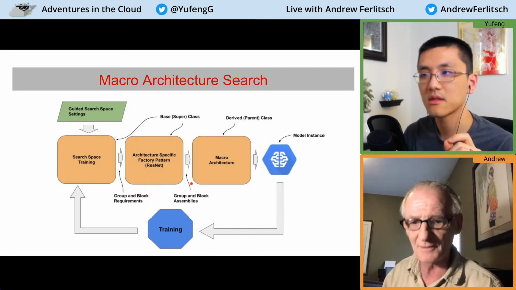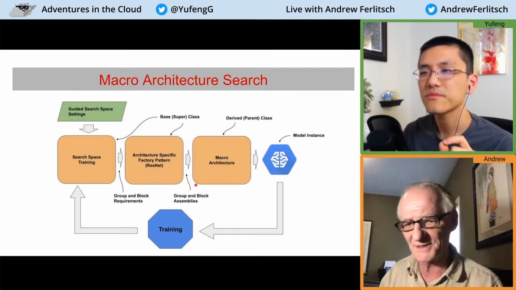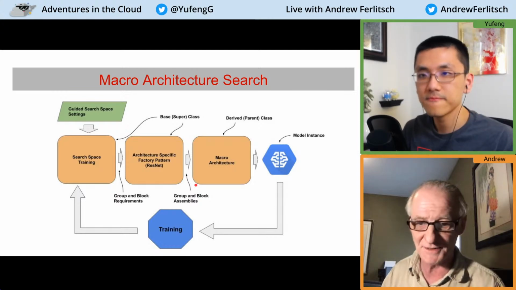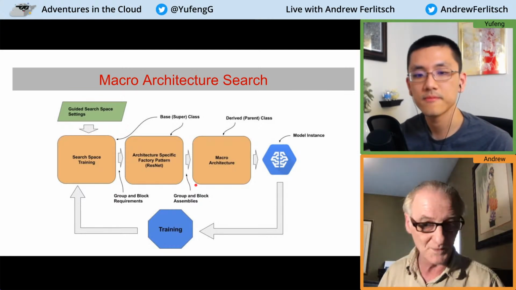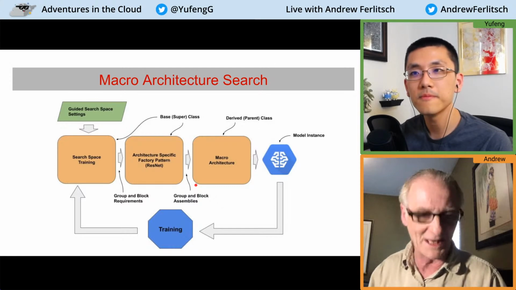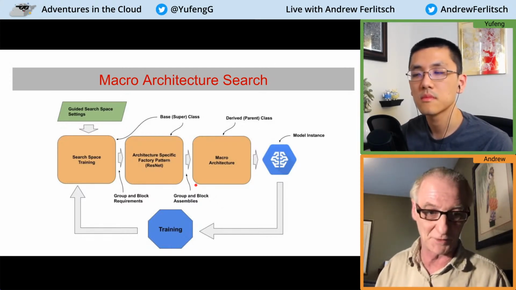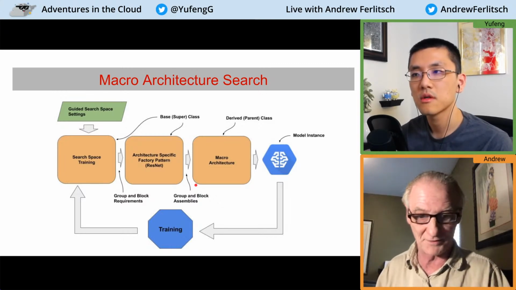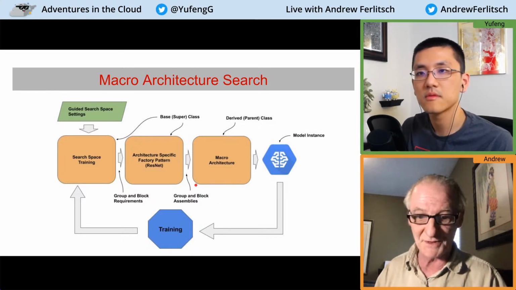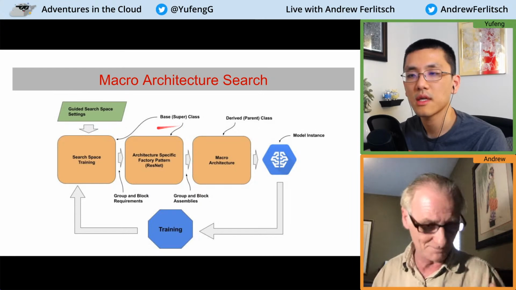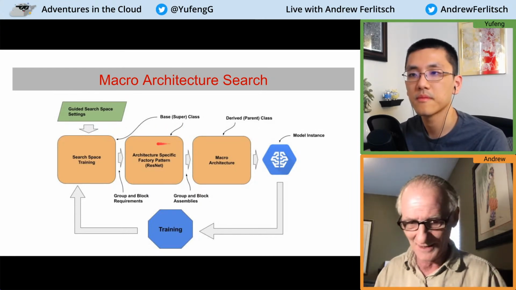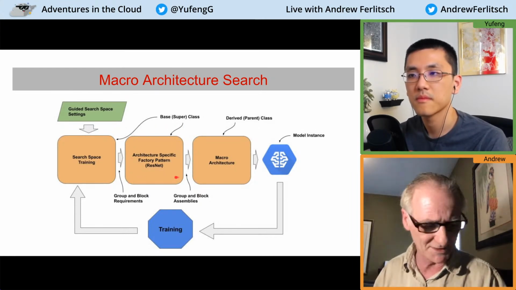I'll just summarize it. The search space is going to come up with some requirements based on what it's seen so far. Each time it's trying to improve on the requirements, narrowing in on a better and better model. Those requirements go into that factory pattern, which is specific to a model architecture.